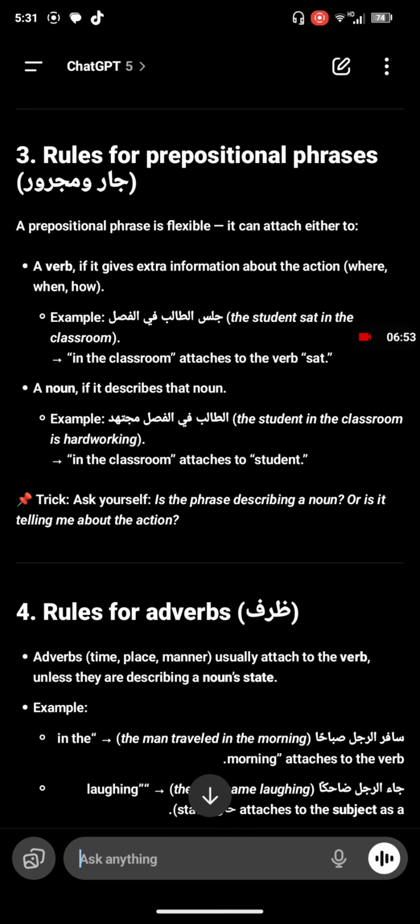Rules for prepositional phrases. A prepositional phrase is flexible. It can attach to a verb if it gives extra information about the action. It's going pretty in depth, and that will probably come with more understanding of vocabulary. But fee means in. So in what? In where? In how?